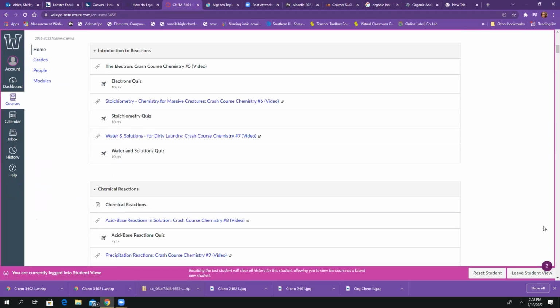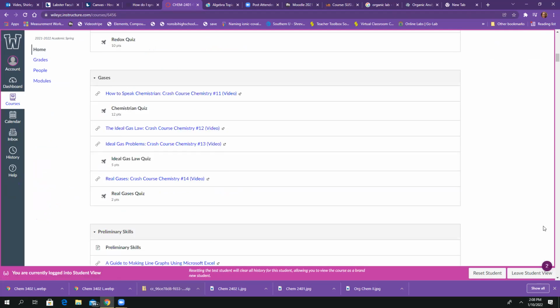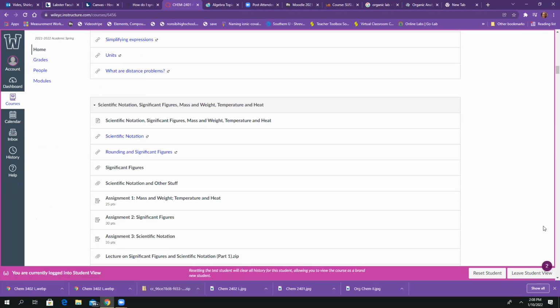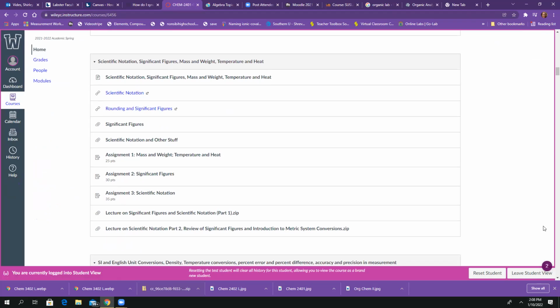So like I said, all of this will be gone right here. But we're starting with preliminary skills. And the scientific notation, actually, the very first thing we are going to do is this, but there are some links here. And if you actually want to, you can go to rounding and significant figures after we do our first one, just to remember how to do that.